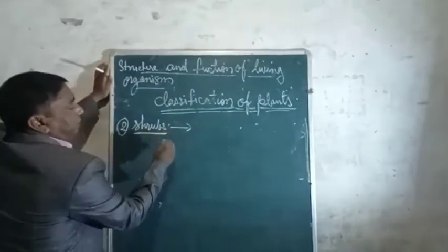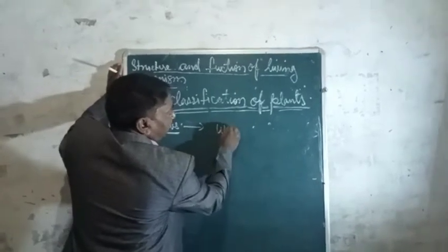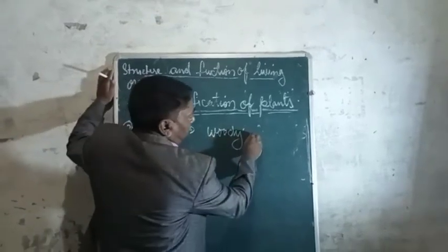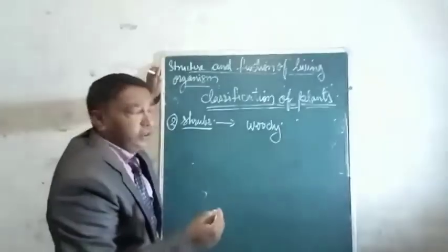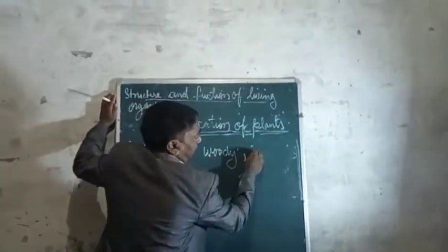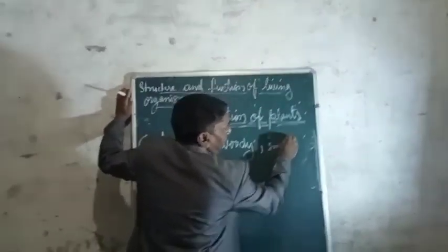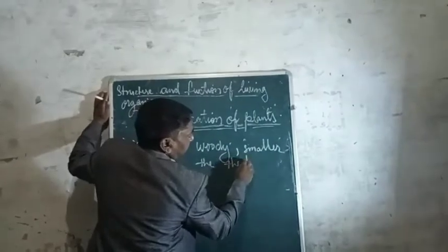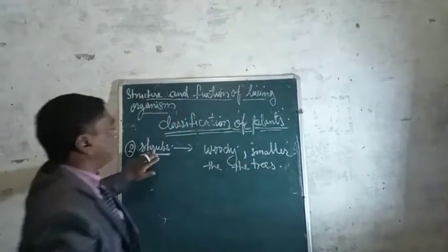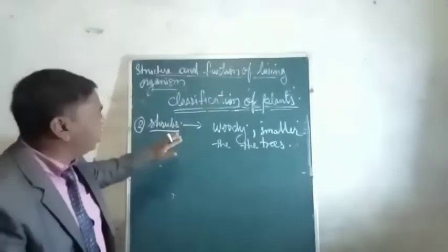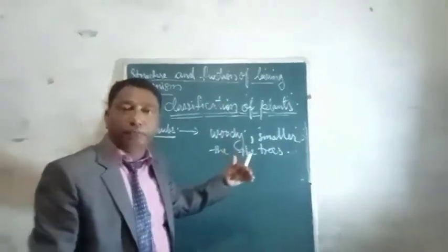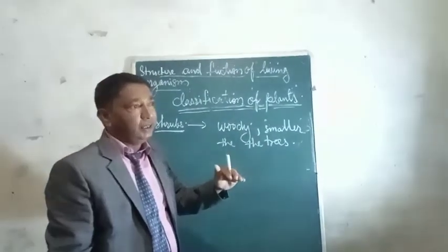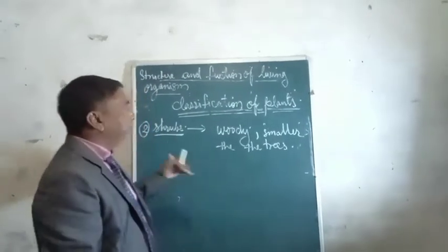Now second, shrubs. Shrubs are also woody, as trees are woody, but smaller than the trees. When we compare a shrub with a tree, the shrub will be much smaller.